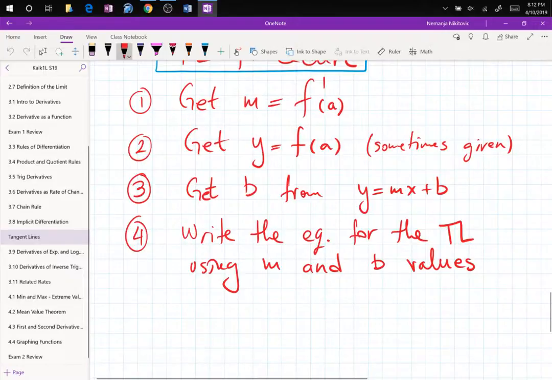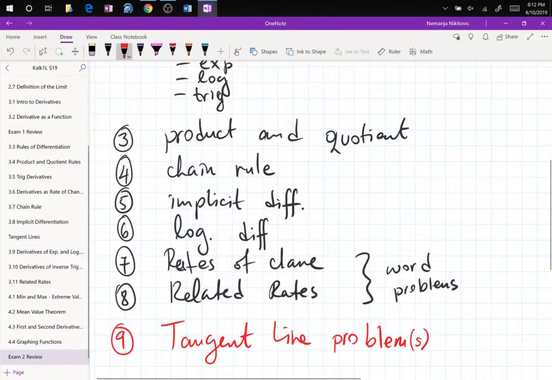So when I have the tangent line problem, the derivative for that tangent line will be anything from the list. Clearly you will see all of these on the test.